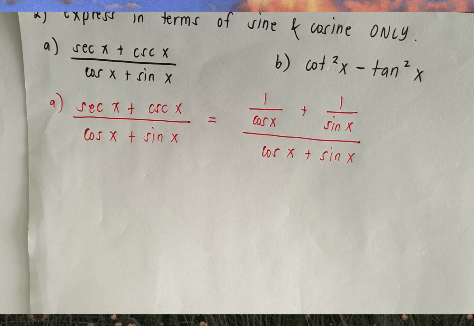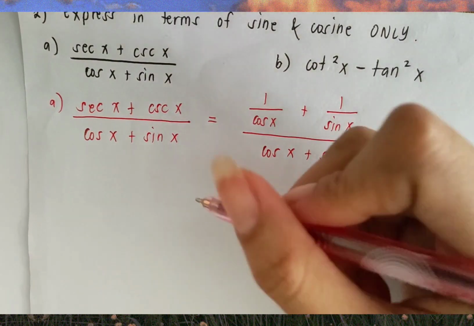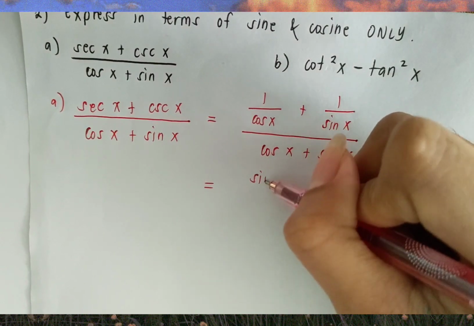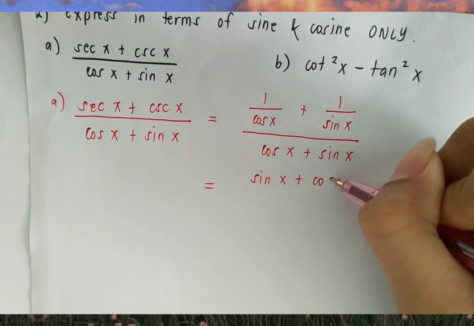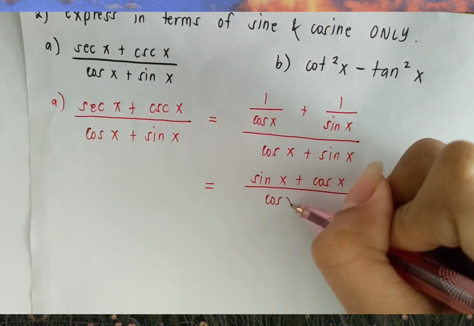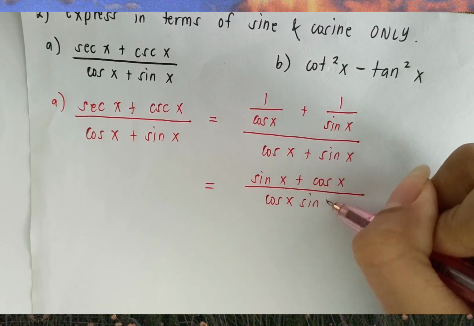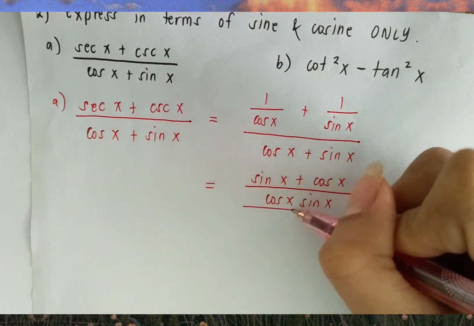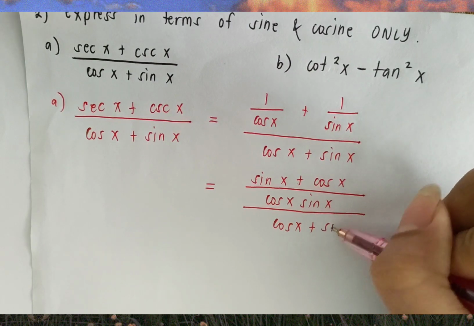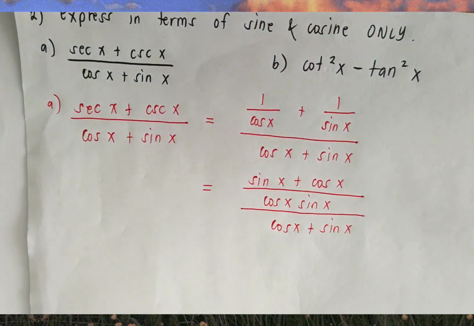Next, we need to take the LCD. So we have sine x plus cosine x all over cosine x sine x, all over your cosine x plus sine x.